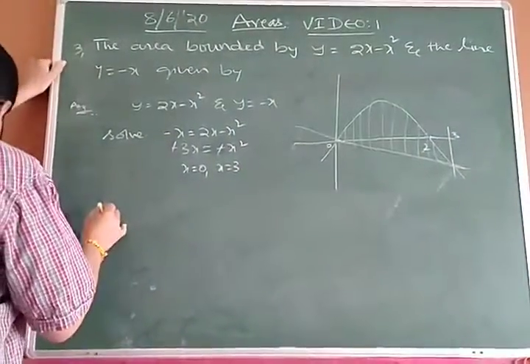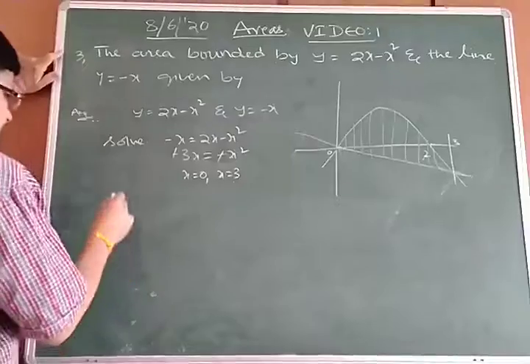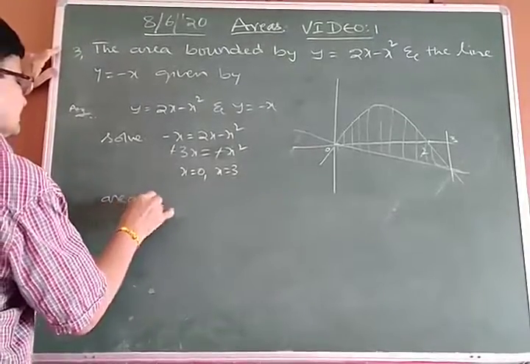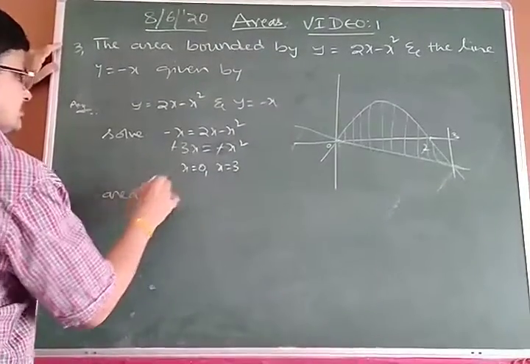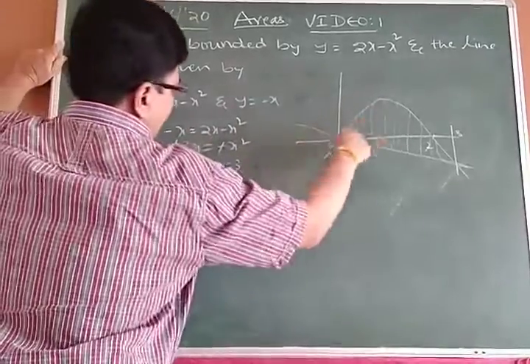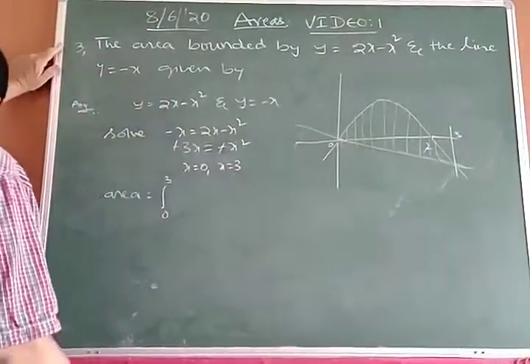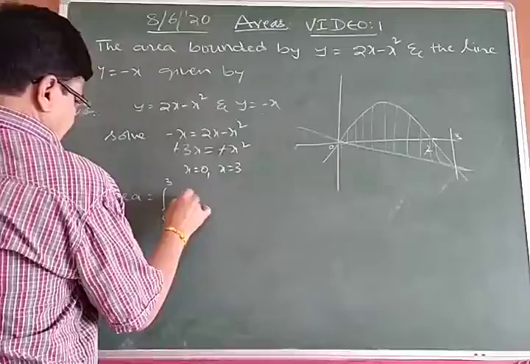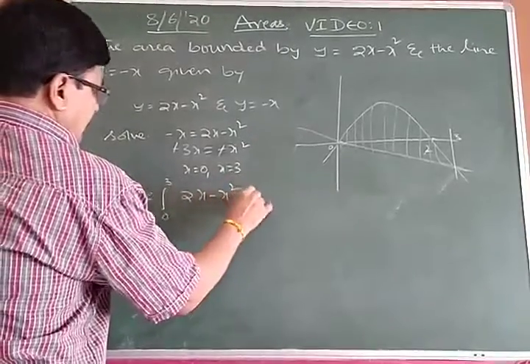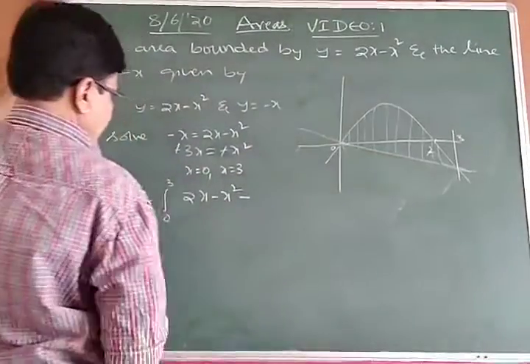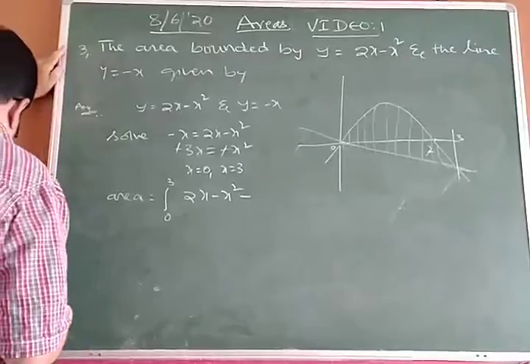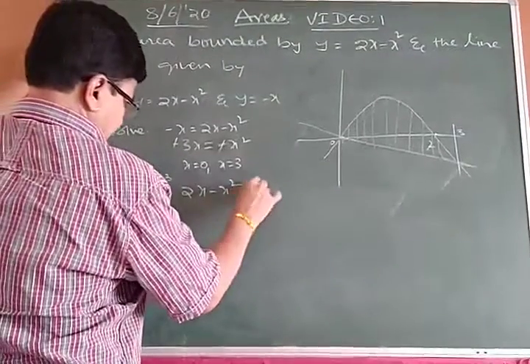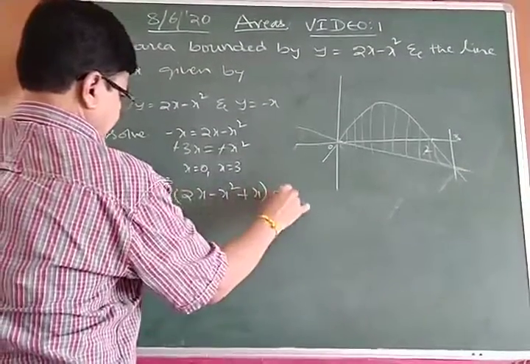So the required area is integral 0 to 3 upper curve minus lower curve. Upper curve is the given curve equation, that is 2x minus x square, minus the given line, y is equal to minus x. So minus of minus is plus x dx.